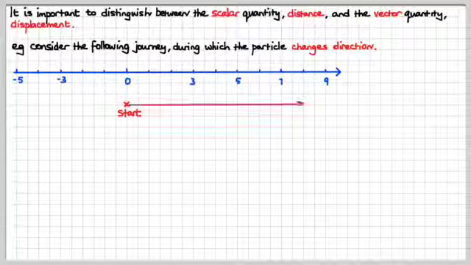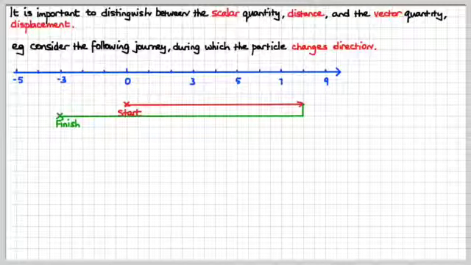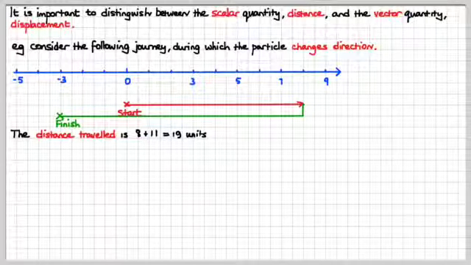We're starting at the origin. We go to positive 8 and then we decide we need to turn around and we go back to negative 3. Okay, so what is the distance and what is the displacement? Well, the distance travelled is 8 units to the right and then, if you work it out, 11 units to the left. Now we don't care about the plus or the minus in distance, it's just the length of the journey.